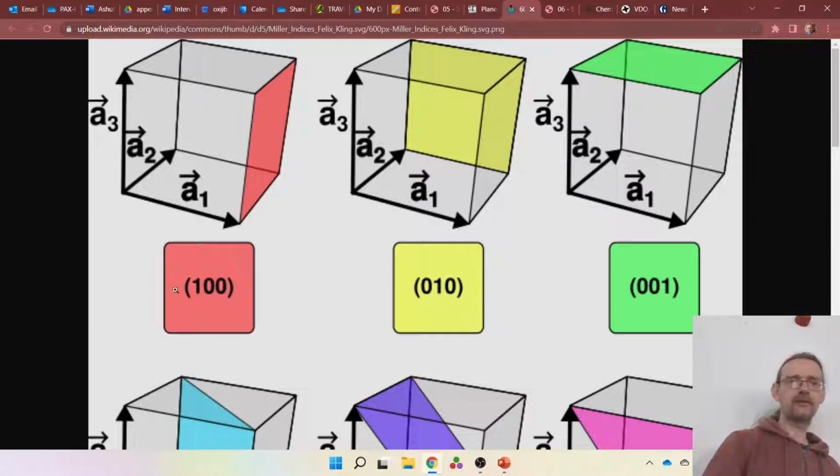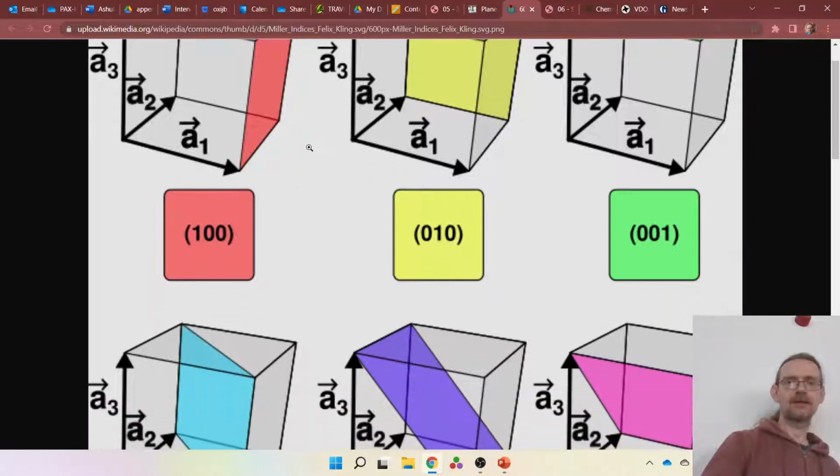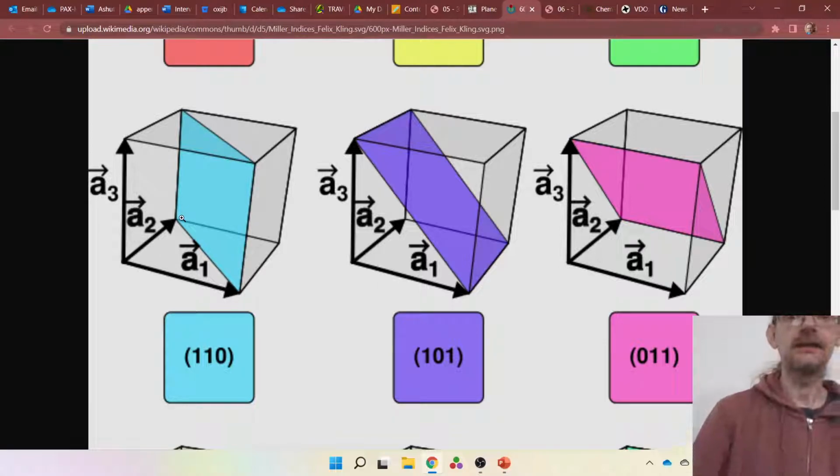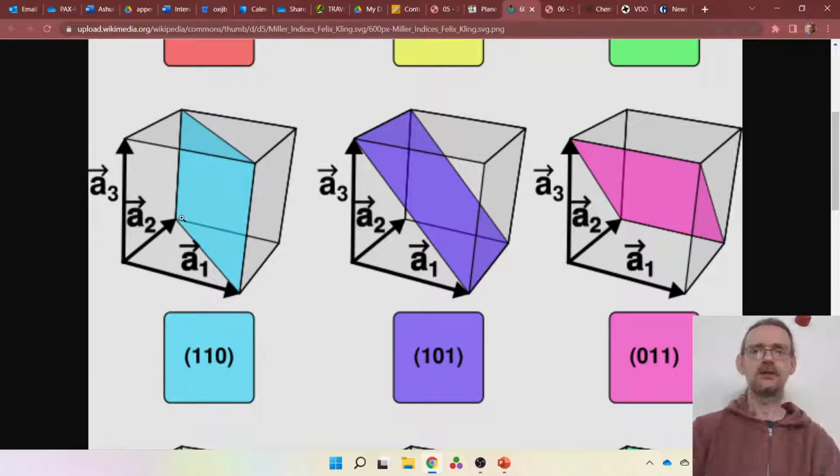So you get these different planes, different ones, and what they kind of tell you, so it's back to this definition of normal, is where the planes will cut the different axes. So again, this is just sort of geometry.